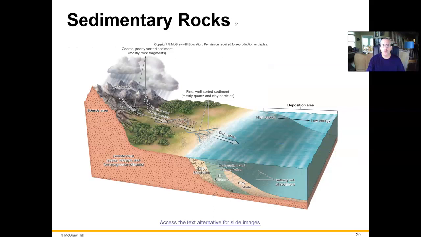I'm going to go ahead and go to the next slide because this will help us a lot understand this. This is a very, very good diagram right here because this is showing what's happening. Up here you have the rocks, probably old school igneous rocks at some point. They're eroding, the little fine sediments being carried down in rivers and streams, and it's going out here into the ocean.